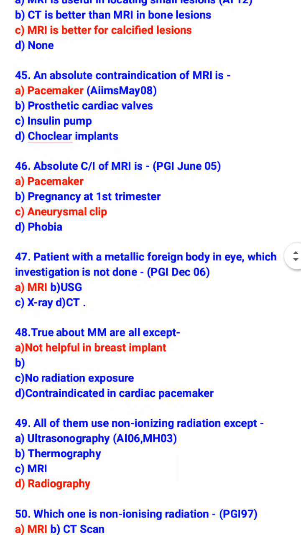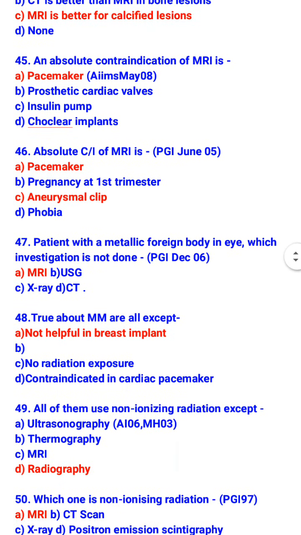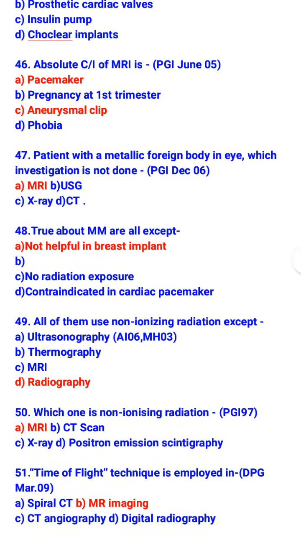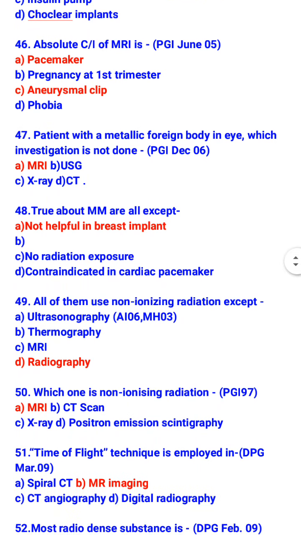In a patient with a metallic foreign body in the eye, which investigation is not done? MRI. True about MRI, all except: not helpful in breast implant. What is true is no radiation exposure and contraindicated in cardiac pacemaker.